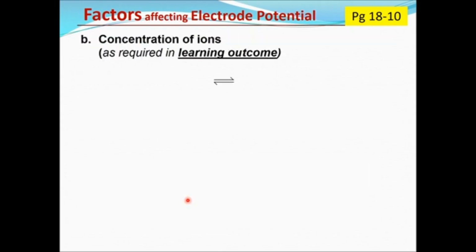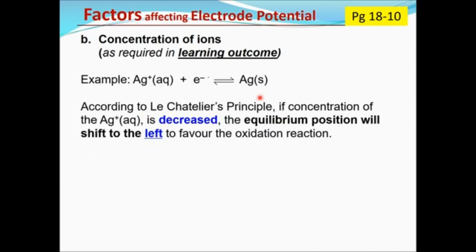Now next, as specifically required in your learning outcome, so you must know this, the concentration of ions. Similar to any reversible reaction discussion about equilibrium, we look at the concentration of ions. So according to Le Chatelier's principle, if you decrease the concentration of the ion, the position of equilibrium will shift to counteract that change.